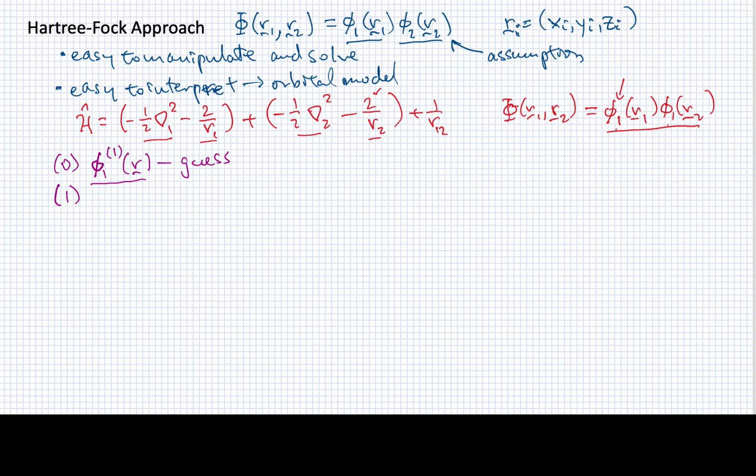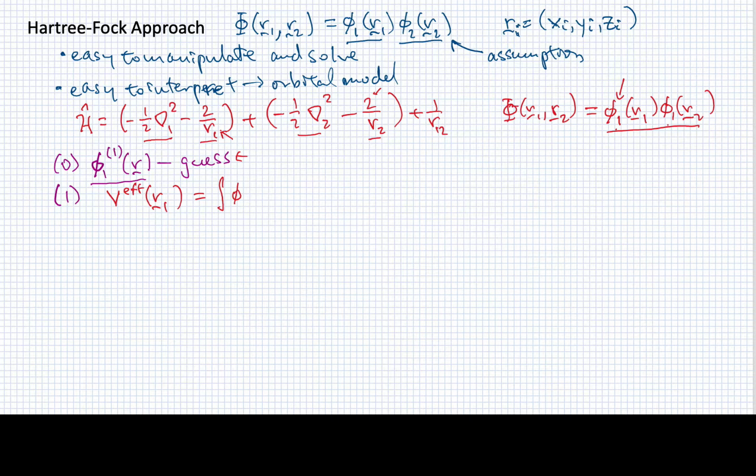So what we'll do is define the effective potential. I'm going to write V effective. This is the effective potential, say, for electron 1. It's going to include its Coulomb term, but the effective potential is going to be a term that is the average over our guessed wave function for electron 2.